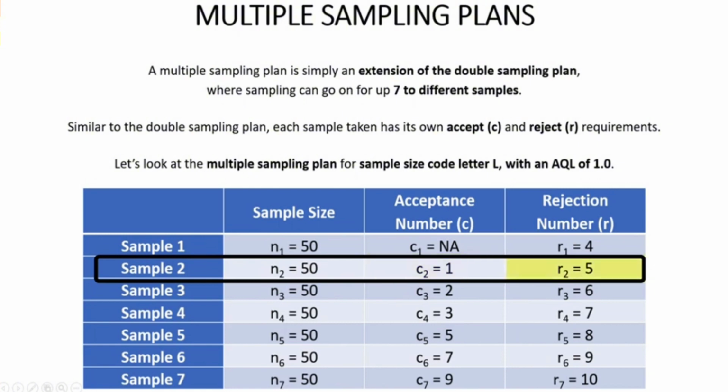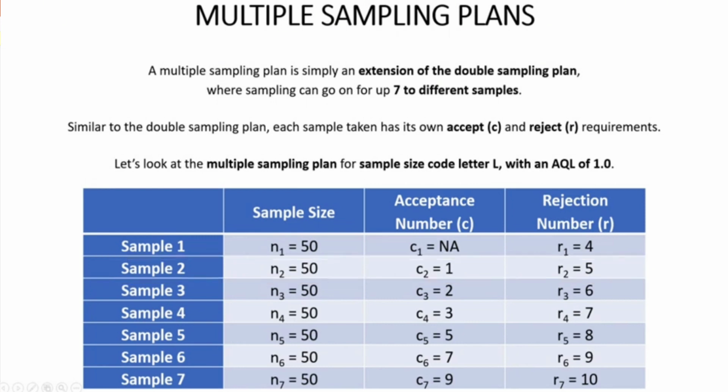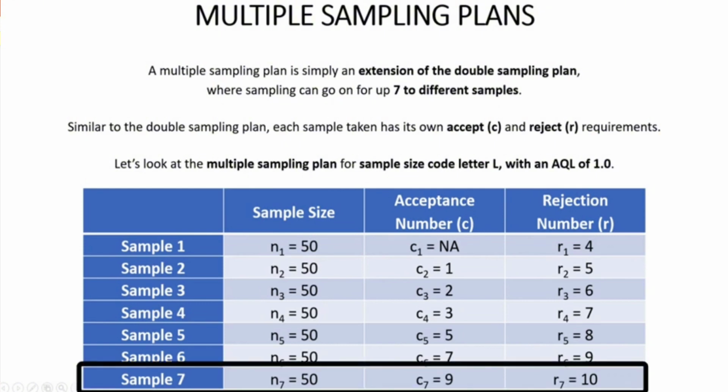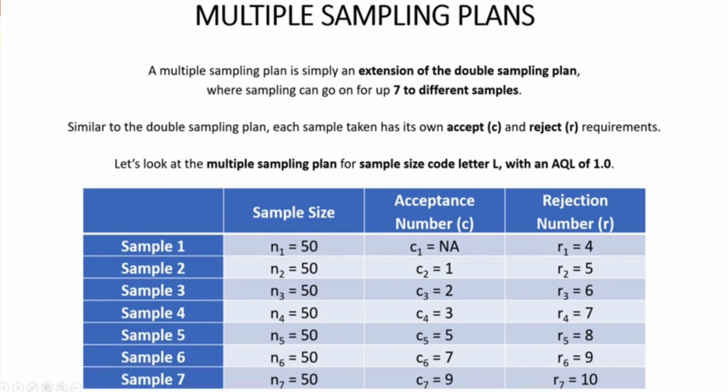And then of course we can always reject the batch with 5 or more defects. But if we end up having 2, 3, or 4 defects, we have to take the next sample. This could go on and on depending on the results that you get, all the way down to the final sample where we accept on 9 and reject on 10. So this is that idea of multiple sampling.